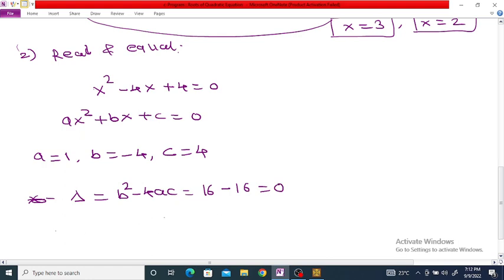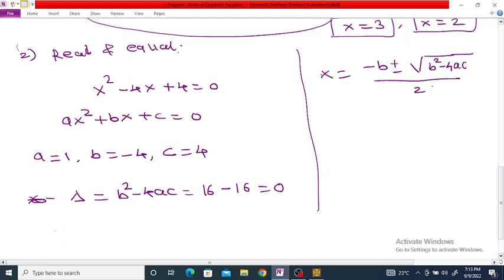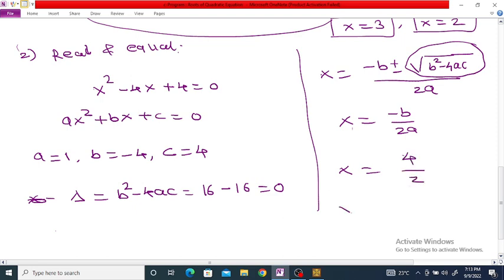And here the root is x equal to minus b plus or minus under root of b square minus 4ac divided by twice a. But since the discriminant is 0, the value of this term is 0, so x is equal to minus b divided by twice a. So x is equal to 4 divided by 2, so x is equal to 2, and x is equal to 2.